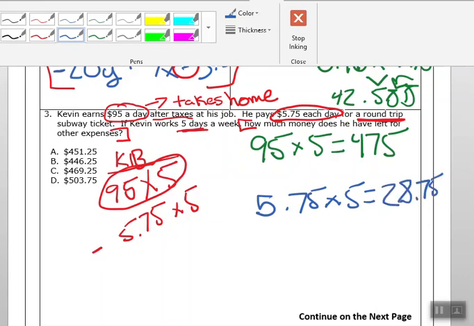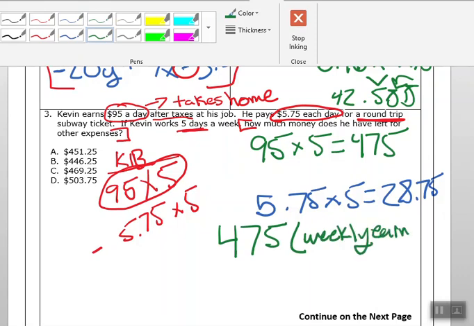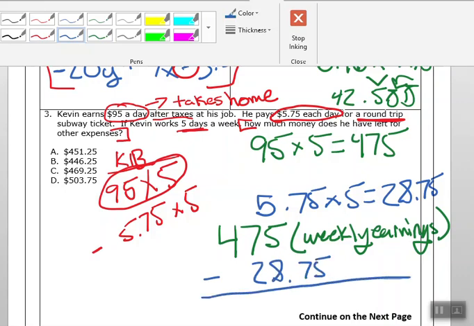28.75. So now I need to know, how much money does he have left over for his other expenses? So I'm going to go 475, that's his weekly earnings, minus 28.75.